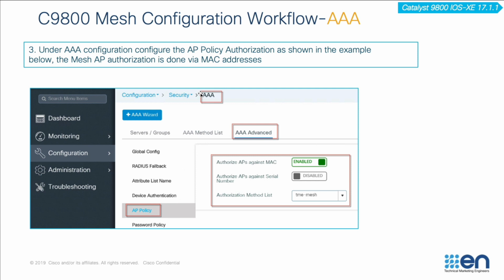As you can see under this AAA tab, when we go to the AP policy tab, we set up authorization of the APs against MAC addresses. So we enable that provisioning on this screen. And also the authorization method, as we created in the previous tab, we define as TME mesh.